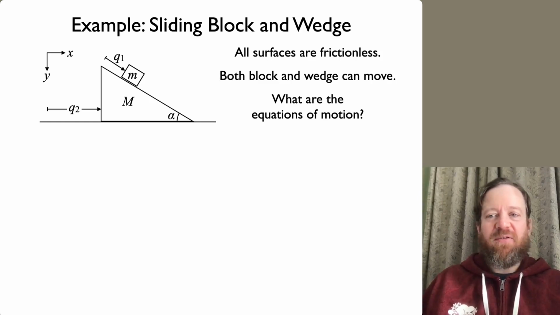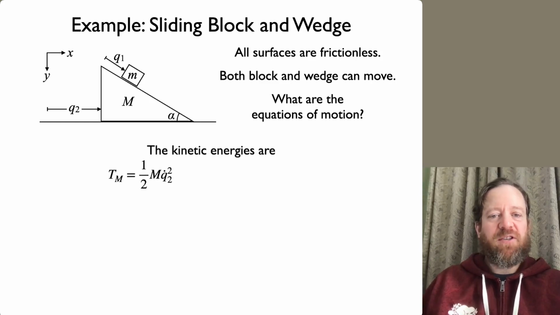We now write down the kinetic energies in this convenient Cartesian system. So the kinetic energies will have the kinetic energy of the wedge being equal to 1/2 M x dot squared. Of course, x dot and q2 dot are the same thing, so I'm just going to immediately substitute in q2 dot for x dot. So the kinetic energy of our wedge is 1/2 big M q2 dot all squared.